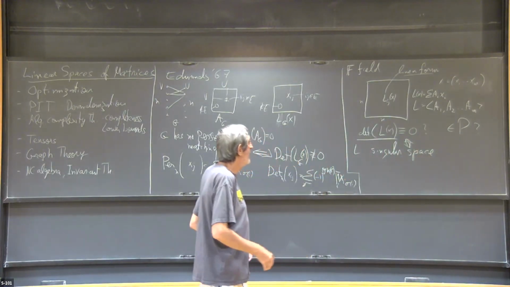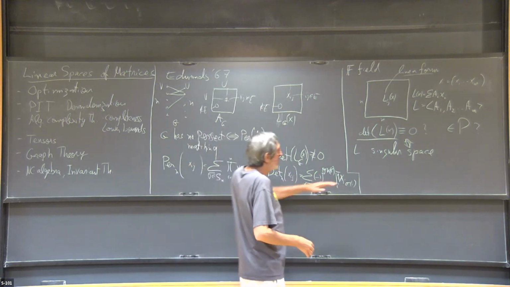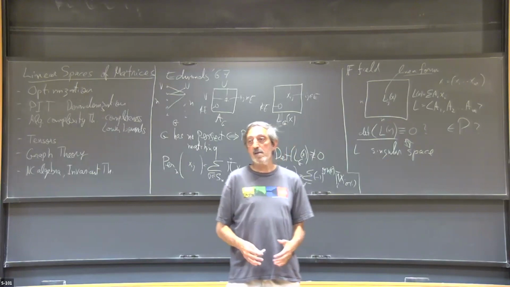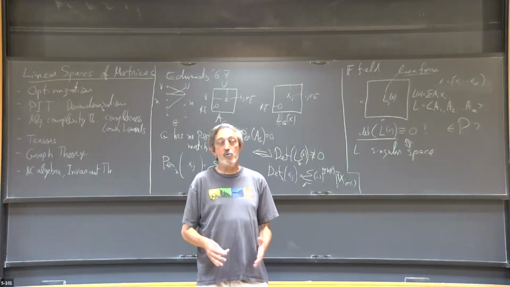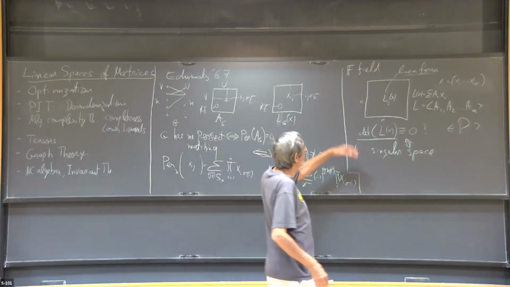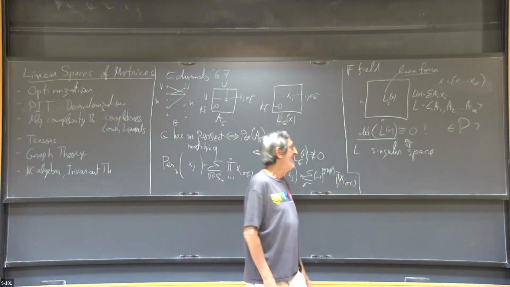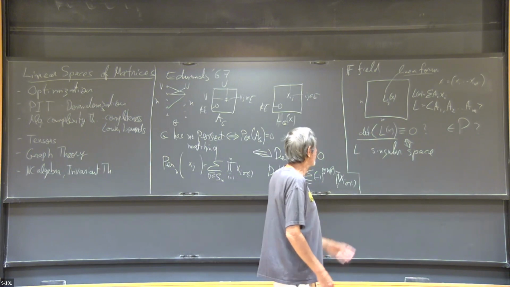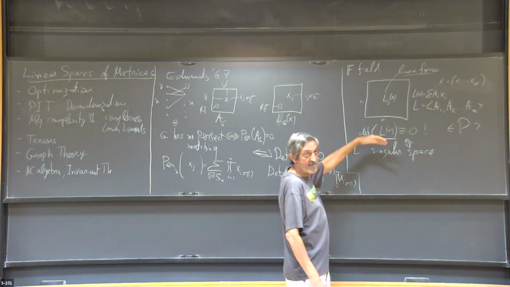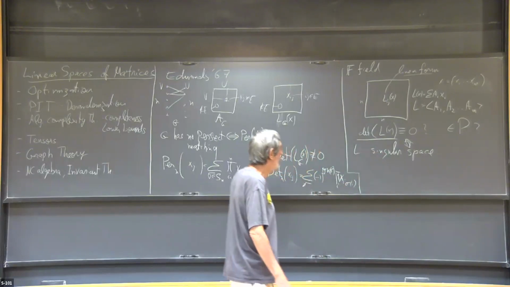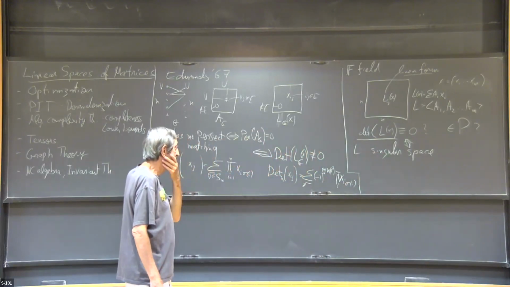Now let me say that you can define it in another way. You can say it's a linear space containing only singular matrices. The two definitions are the same if the field is large enough. So let's assume the field is large enough, and then it's the same. The determinant formally of this polynomial is identically zero, or every matrix in this space is singular.